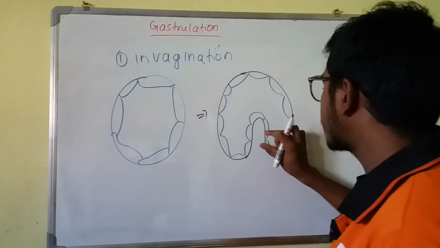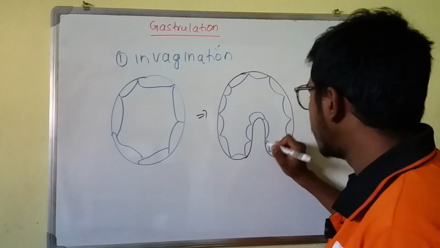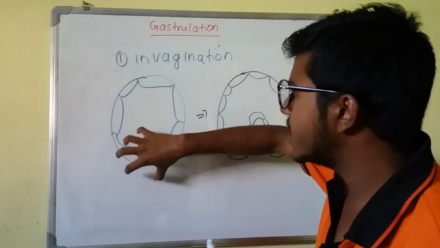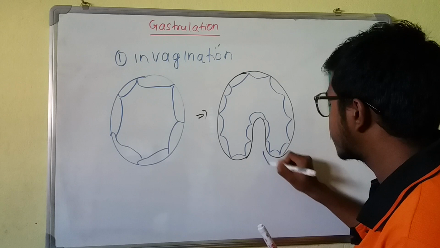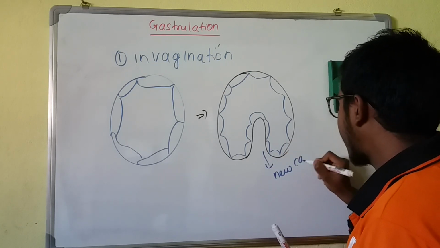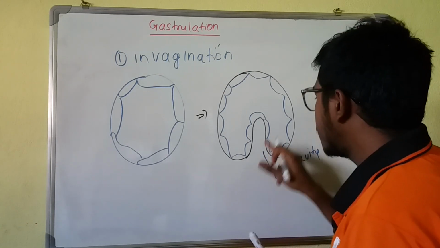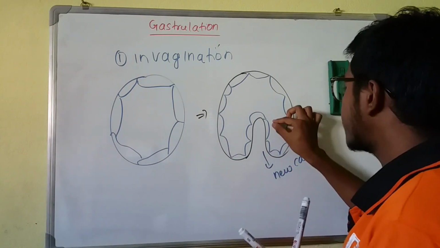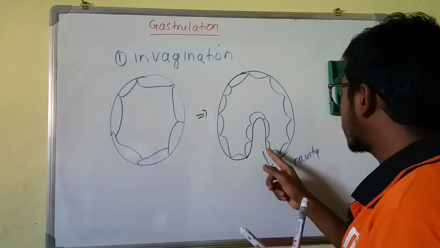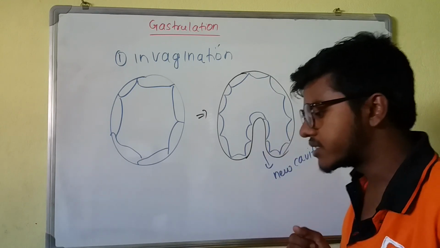So we can see there is a formation of a new cavity. New cavity means a part of the cells is being infolded to form the new cavity. The new cavity is communicating with the exterior, and it is lined by the already folded cells.